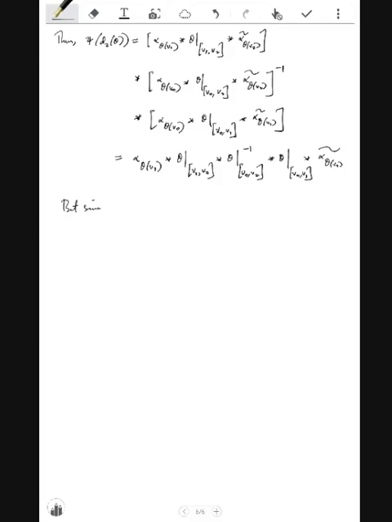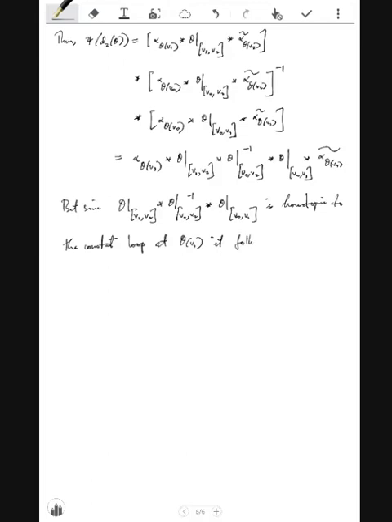But since this loop is homotopic to the constant loop at theta of v1, it follows that psi of T2 of theta is 0.